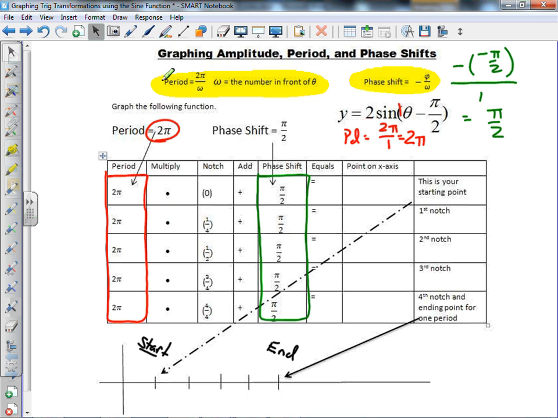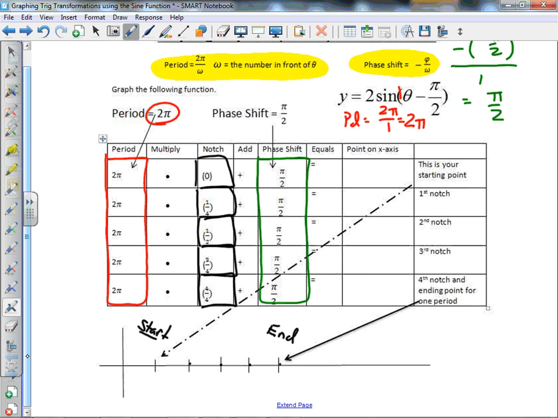So, looking through it, that is why we have a 0, 1/4, 1/2, 3/4, and 4 over 4, which is the same thing as 1, because we have 1, 2, 3, 4 notches after our starting point. So if we start at 0, we have 1/4, 2/4, 3/4, and 4/4 beyond it. So filling out our table will give us our points down here.